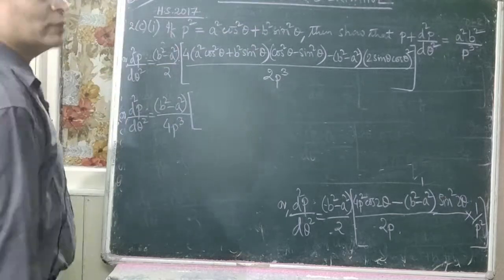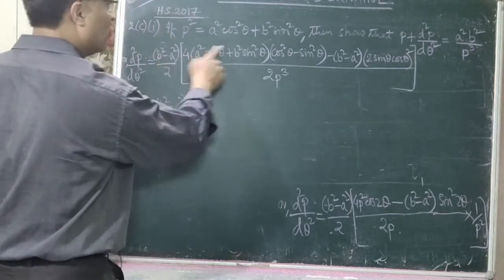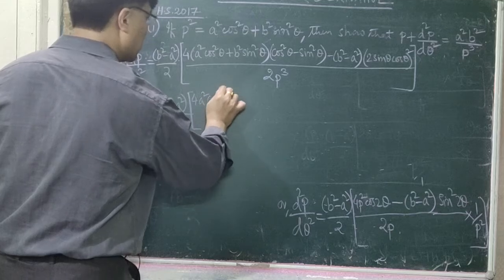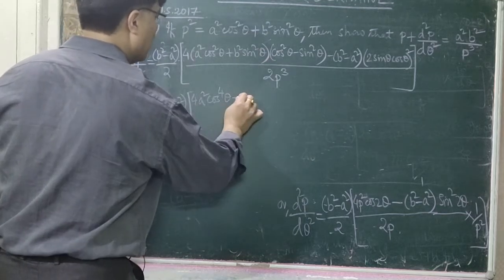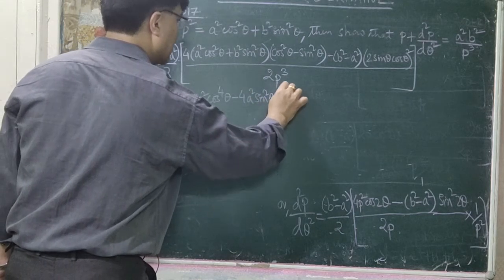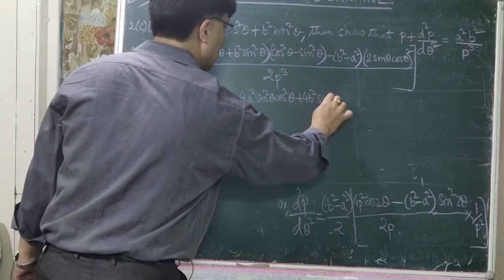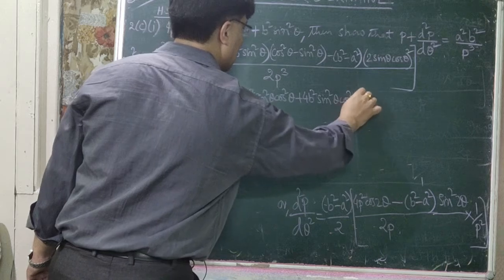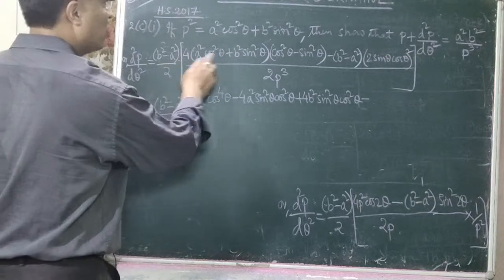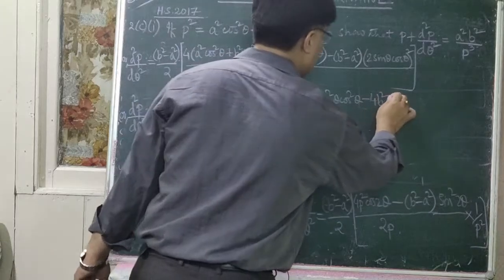Now let us simplify the numerator. So this is your 4. You can multiply these two factors and multiply it by 4. What do we get? 4a² cos⁴θ − 4a² sin²θ cos²θ + 4b² sin²θ cos²θ, plus and minus, right? So it is 4b² minus 4b² sin⁴θ.